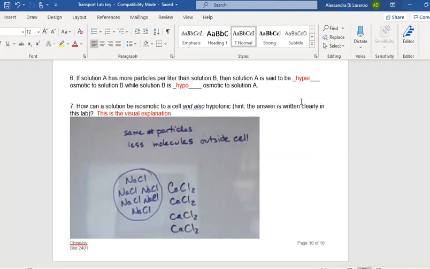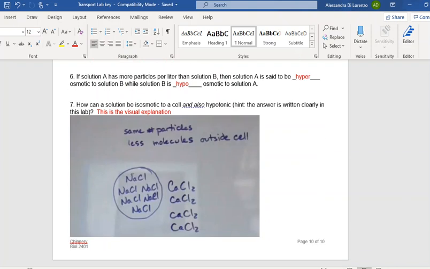Now, the number 7 is also a little tricky, okay? And I have given you this picture here to help you visualize this situation. So how can a solution be isoosmotic to a cell? So this is the inside of the cell, and this is the outside of the cell, but also hypotonic.